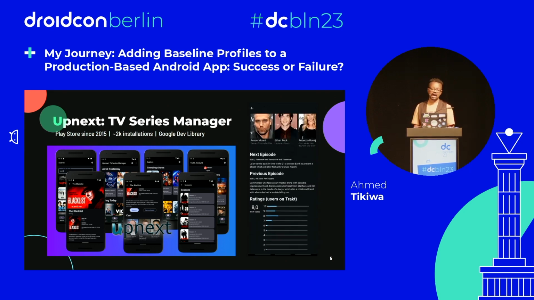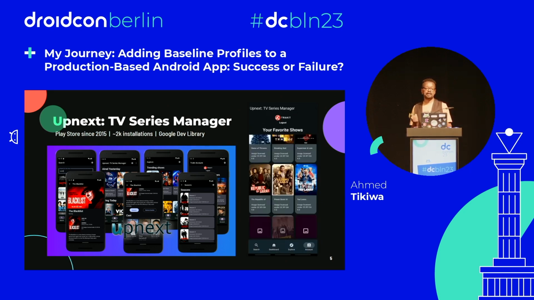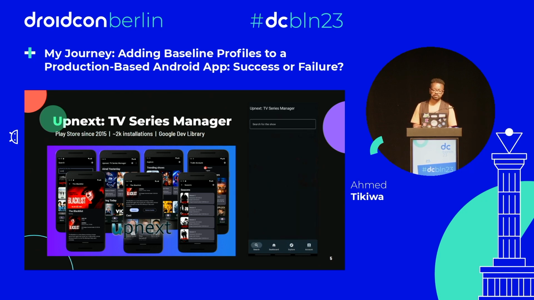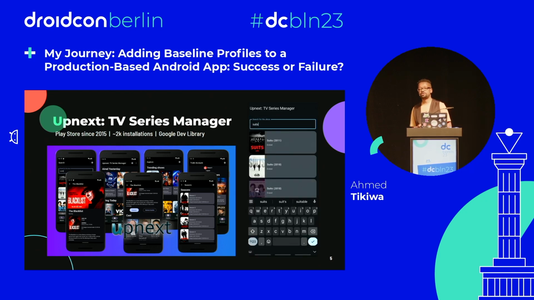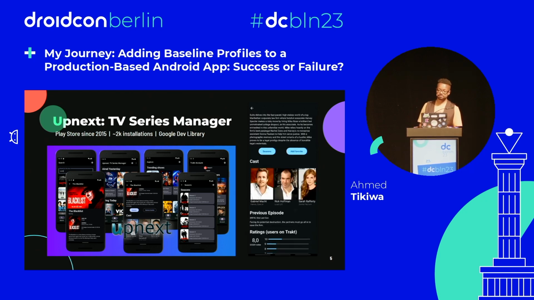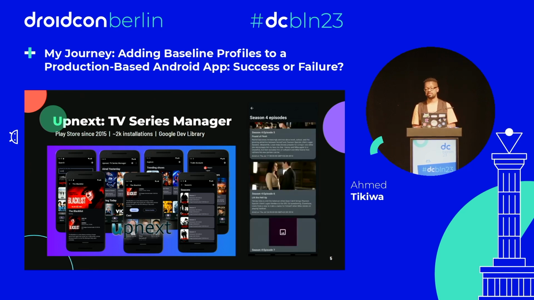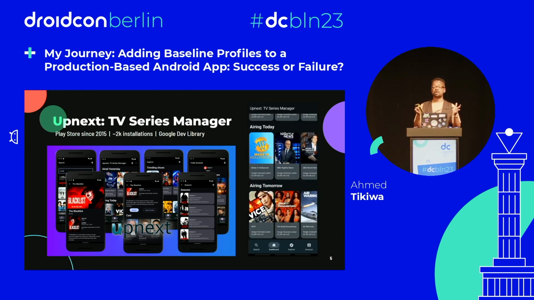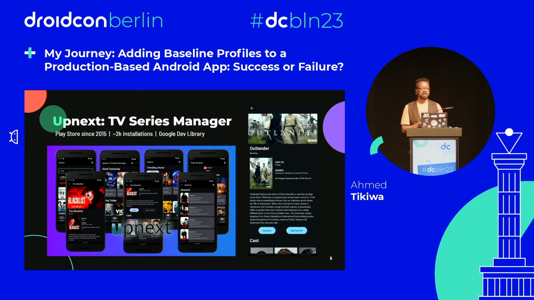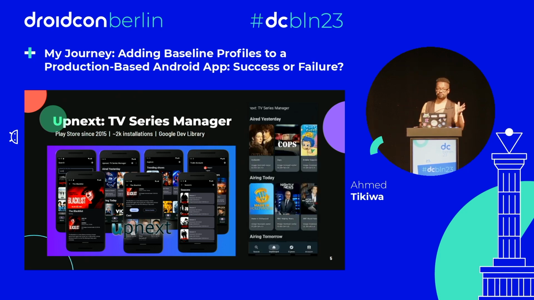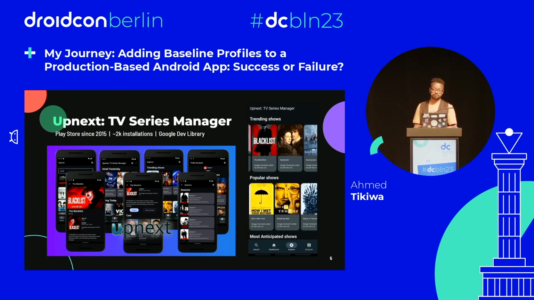If you haven't heard about it, it's basically a platform containing open source projects and content that use Google tools and technologies. All this content and projects have been curated by Google. So all the code that I'll be presenting within this talk is part of the project, UpNext TV Series Manager.